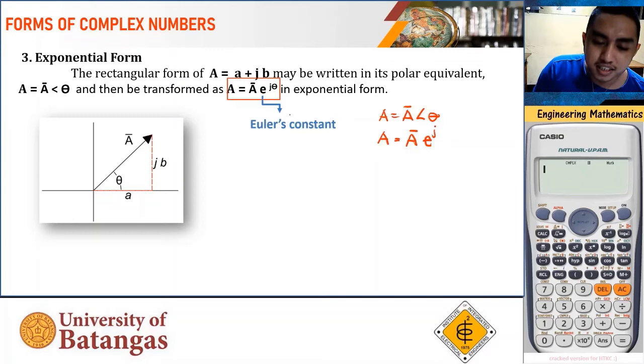Then, itong ating theta ay mapapapunta sa exponent. So, ang ating exponential form is A equals A bar e raised to j theta.